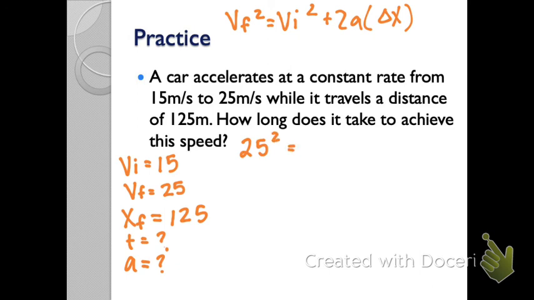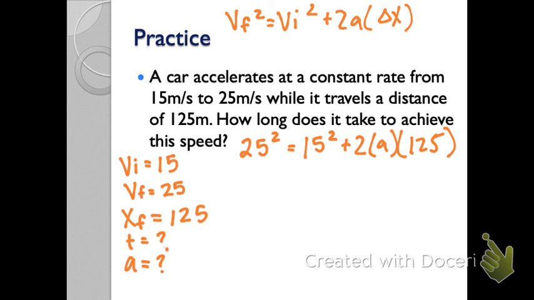My initial velocity is 15. 2A times 125. This one is a little trickier because we had two variables missing. So we've got to figure out which one needs to be solved for first and do that. Then we can go solve for the second one. So that one was a little trickier than I anticipated, so I apologize. I forgot I put that one in there that soon, but that's how it goes.